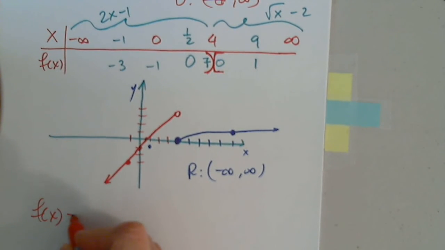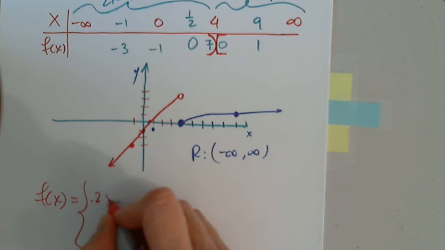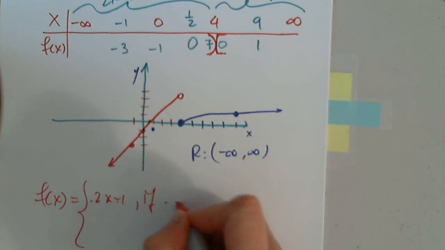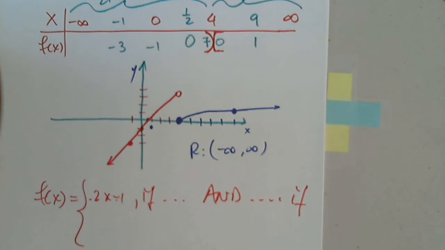So it says f of x equals da da da, because in LaTeX, I'm working on a little code to make the brace. Canvas uses LaTeX, and I need a little code for that, and I'm working on it. But if it says 2x minus 1 if, and if, then... yeah, I didn't think that you could have asked me.